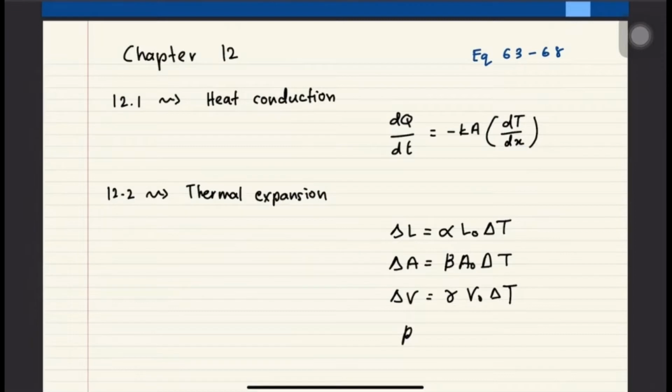So beta is equivalent to 2 alpha. Gamma is equivalent to 3 alpha. Betul. Okay. So this is the formula that you will be using.